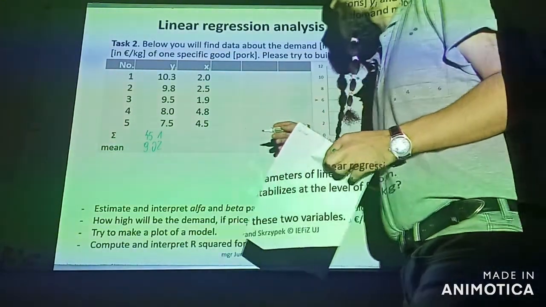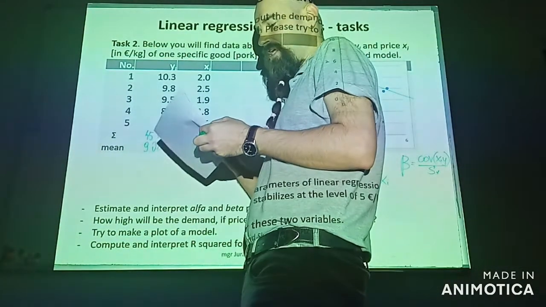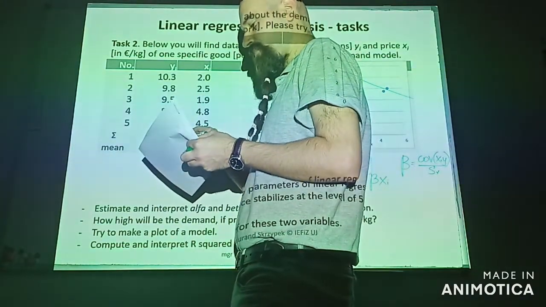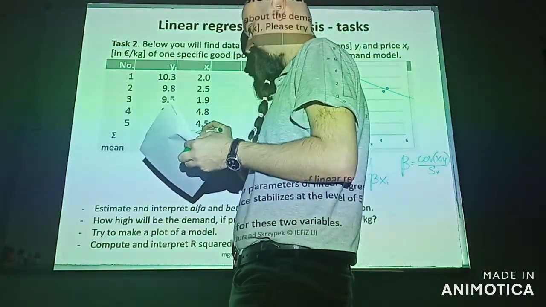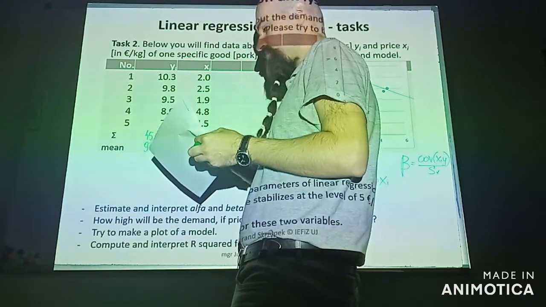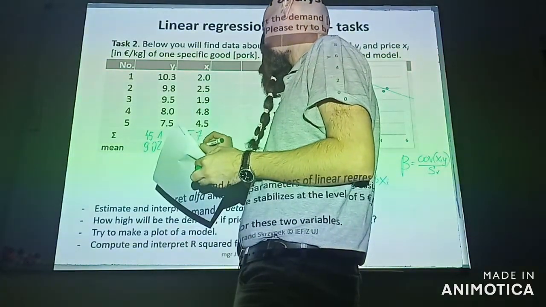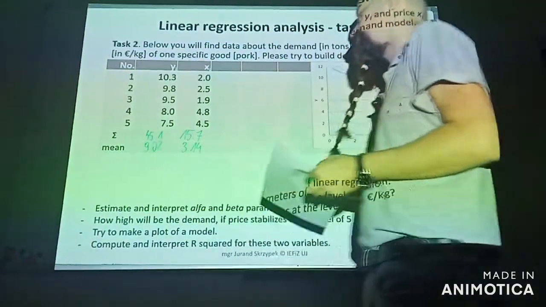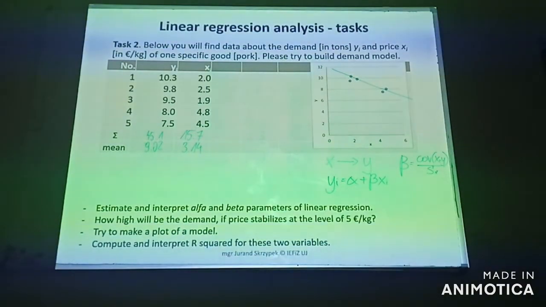And here we have the price level. The sum of all prices is 15.7 and the average price for pork was 3.14 euros per kilogram.